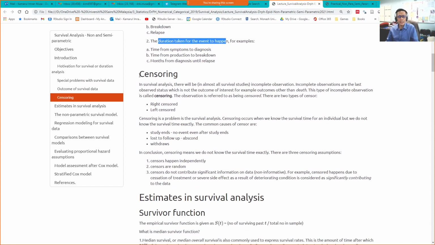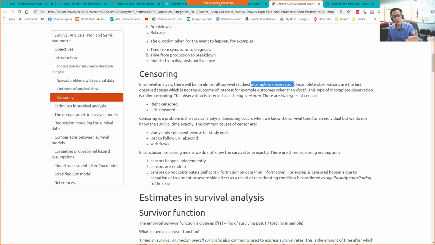Censoring is a special problem in survival data. Why does censoring occur? Because of incomplete observations. At the last follow-up, he's still alive. He did not have the event of interest, and after that he's gone, so we don't know when. It means that it is an incomplete observation.